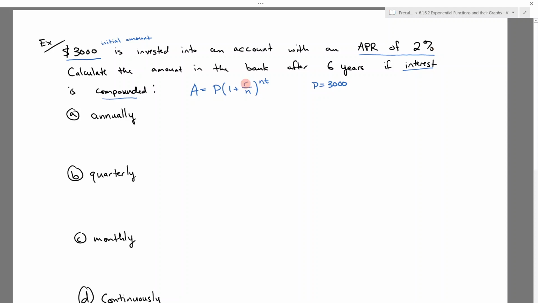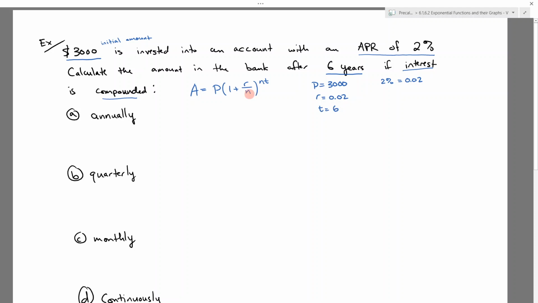So that's the interest rate, that's R. However, we need to represent 2% as a decimal. So 2% as a decimal is 0.02, so R is 0.02. And then finally, the amount of time that we allow it to grow is 6 years. The time is T. So T is 6 years.